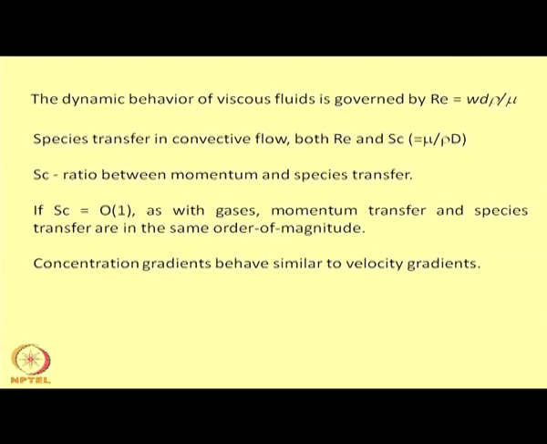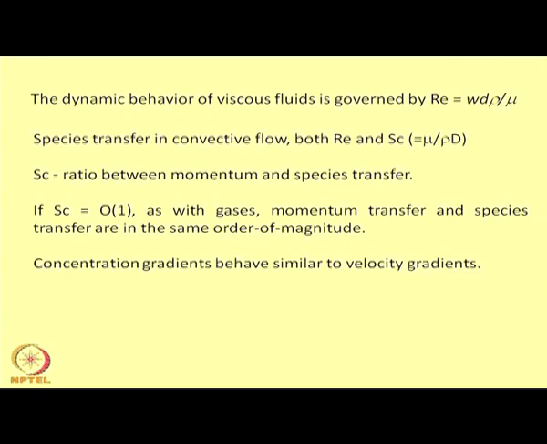If the value of Schmidt number is, let us say, about 1, then the viscous transport of momentum and the species transport are of the same order of magnitude, and both these boundary layers will grow together, and the fully developed condition in terms of momentum transfer and in terms of mass transfer are going to be attained at the same point or very close to each other.